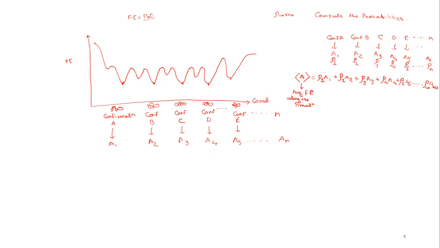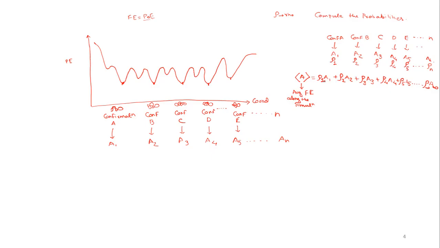So how can you read this equation? You can read it as: the average free energy of the protein along the simulation is the sum of the product of the free energy in a conformation and the probability of acquiring that conformation.